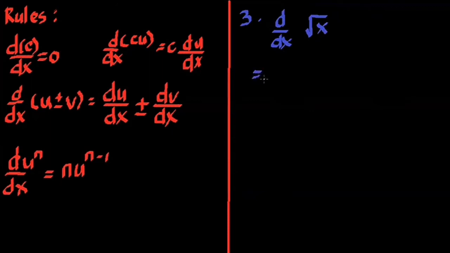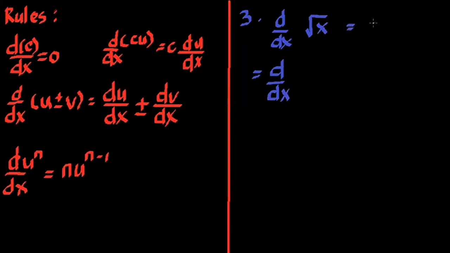So what if we are asked to get the derivative of a function that has a square root? We just have to convert that square root into exponential form. So we have to take note that our square root could be expressed as an exponent. So the square root of x could be expressed as x exponent 1/2.